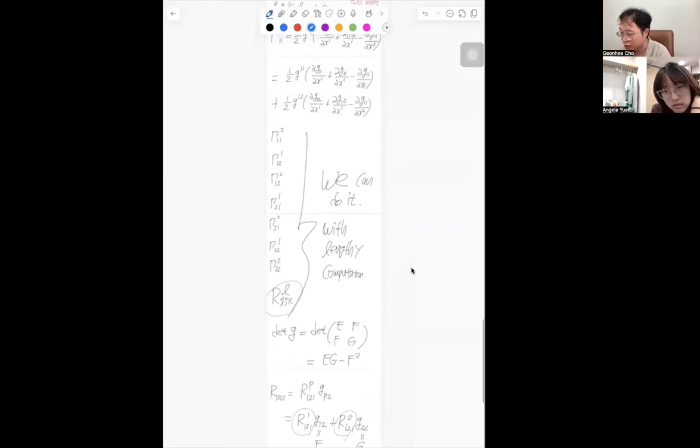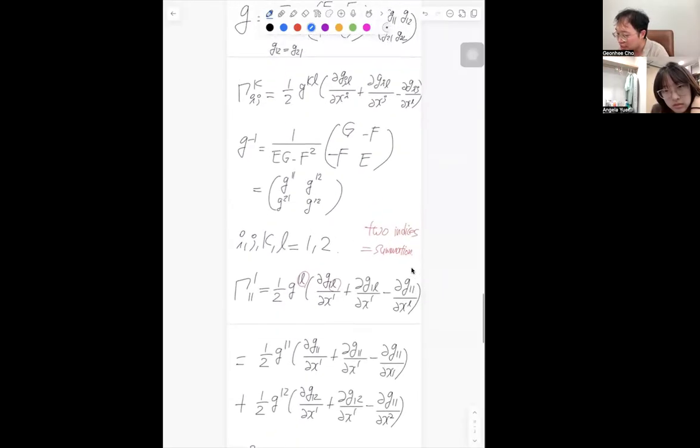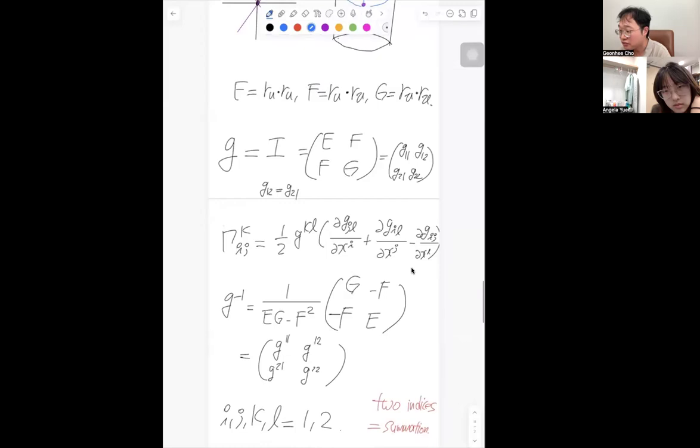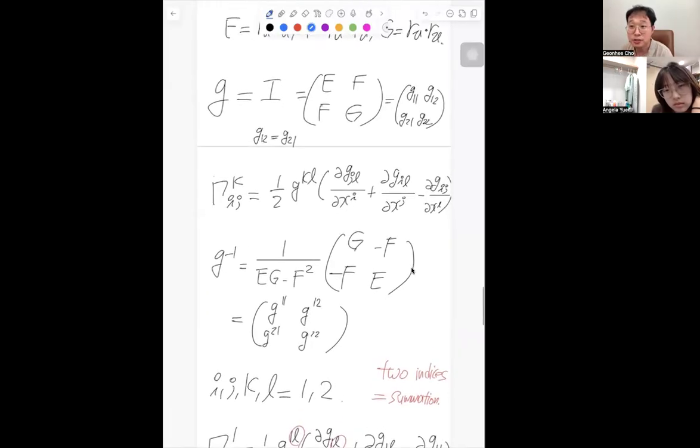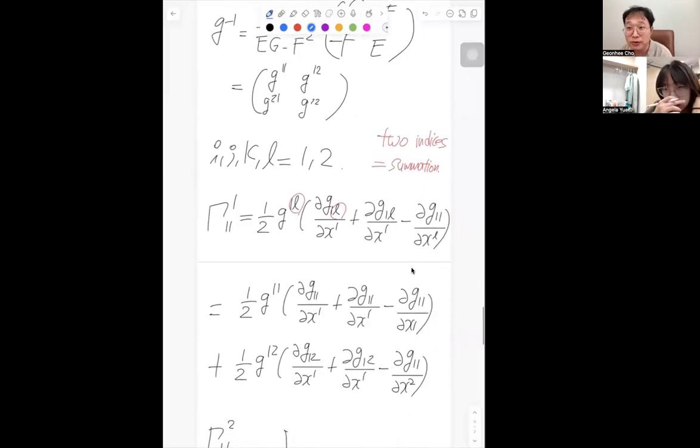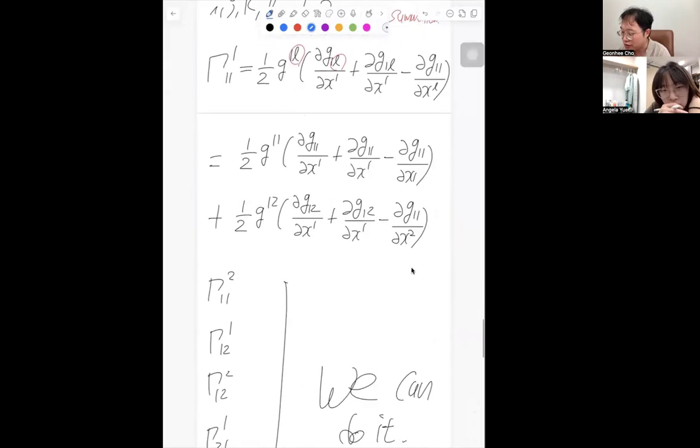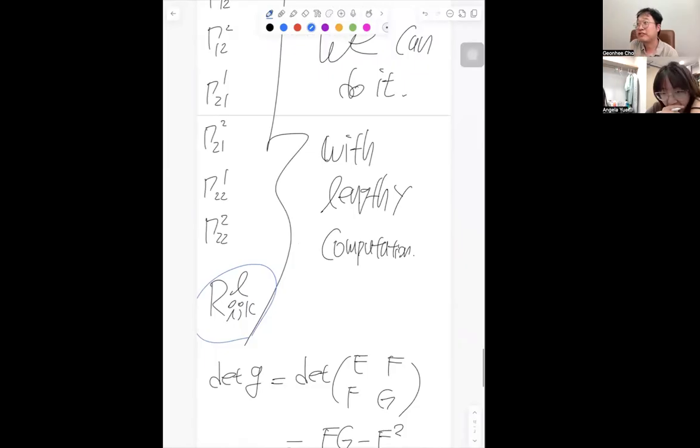So let's look at the big structure. Now you know the first fundamental form, E, F, G, capital E, capital F, capital G. Then you also know G inverse, the inverse matrix. It's nothing but the inverse matrix. Then you know the Christoffel symbol. For your own record, let me give you the expression. I never try to memorize this expression, even though I know the general pattern.